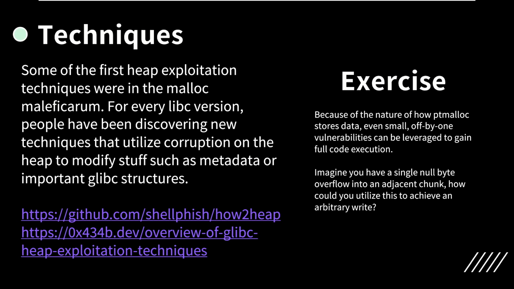So we can do a short exercise here, right? Because of the nature of how ptmalloc stores data, even small off-by-one vulnerabilities can be leveraged to gain full code execution. Imagine you had a single null overflow byte, right? In this chunk you're overflowing from, there's a chunk adjacent under it, and it is in use, it is not free.